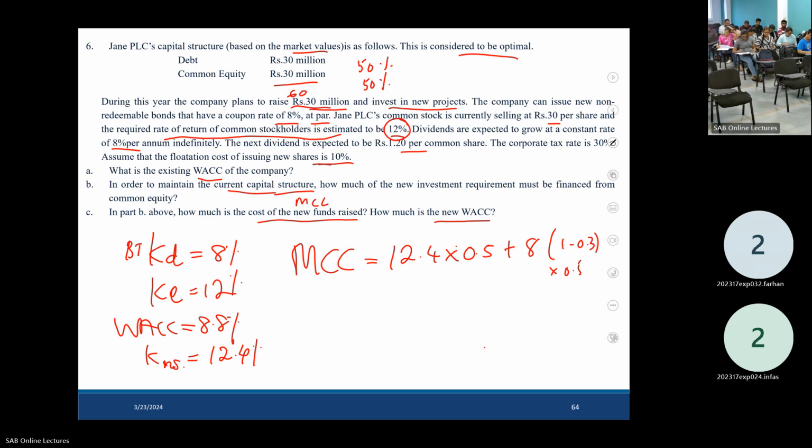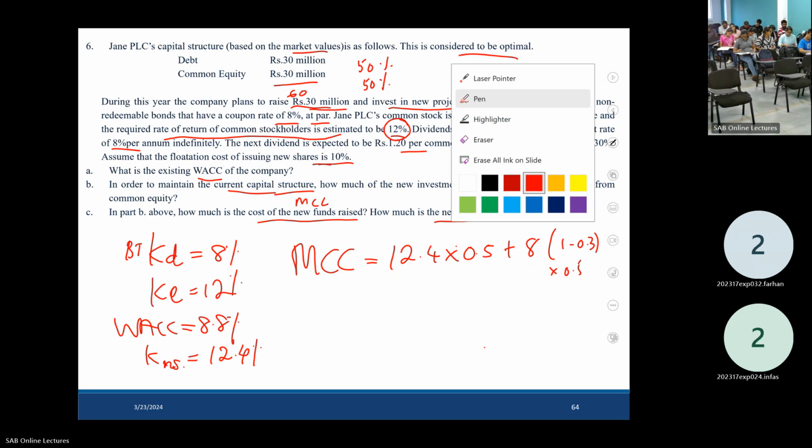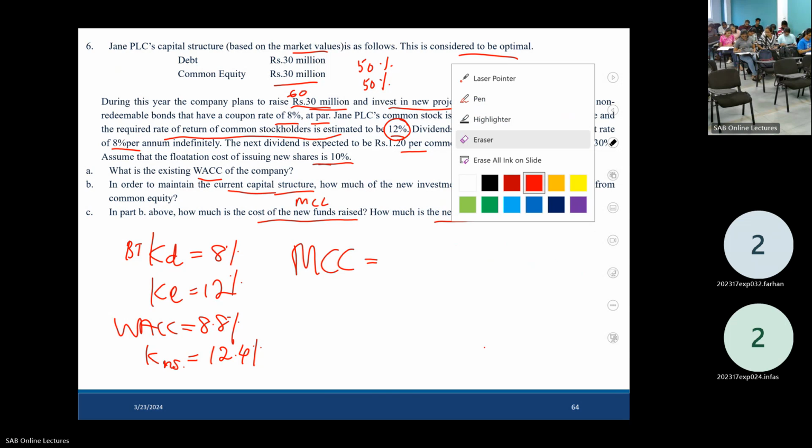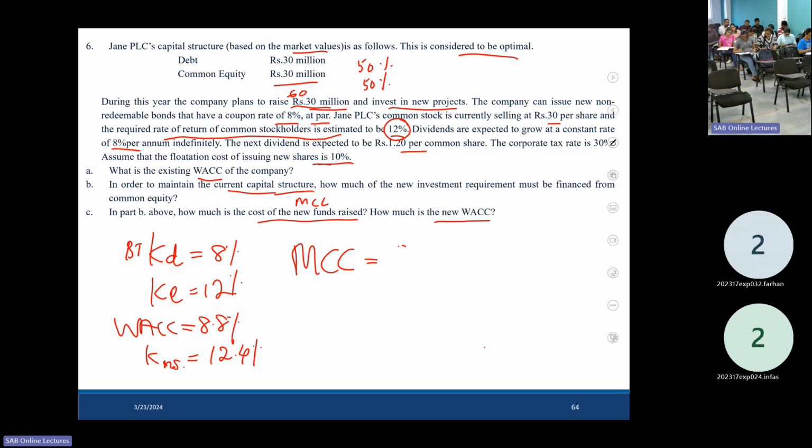Considering also, MCC is say 9%. This is 9%. New weighted average cost of capital.